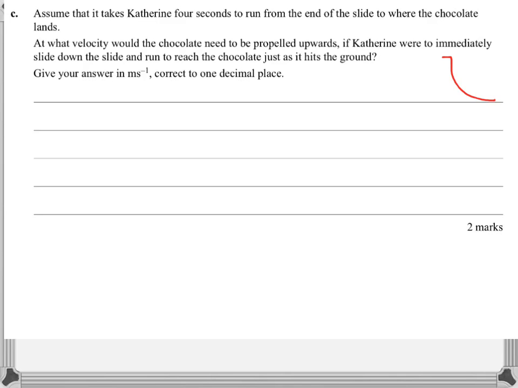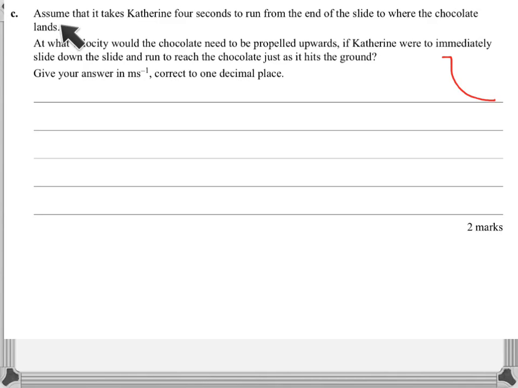Assume that it takes Catherine 4 seconds to run from the end of the slide to where the chocolate lands. At what velocity would the chocolate need to be propelled upwards if Catherine were to immediately slide down the slide and run to reach the chocolate as it hits the ground? Give your answer in meters per second correct to 1 decimal place.